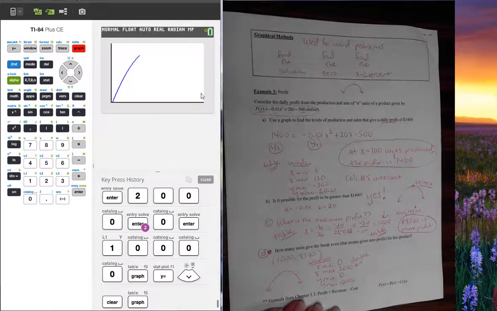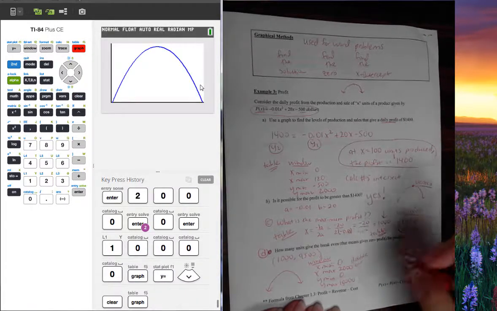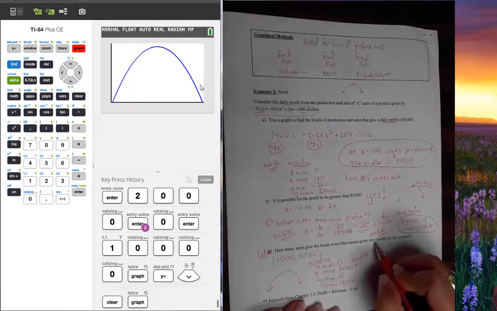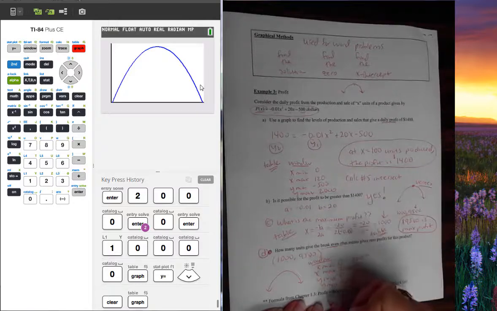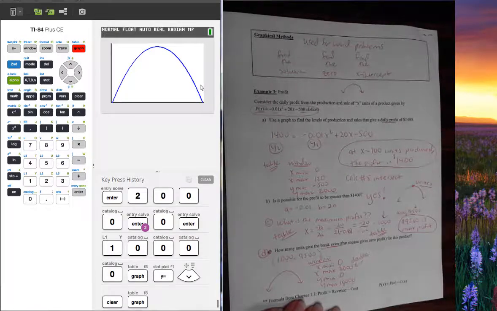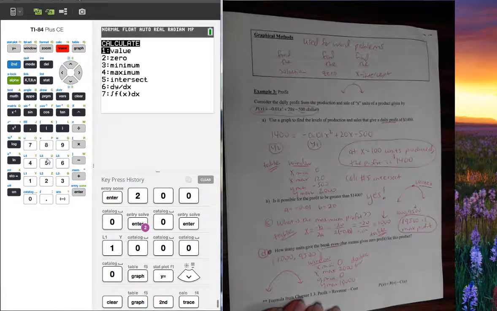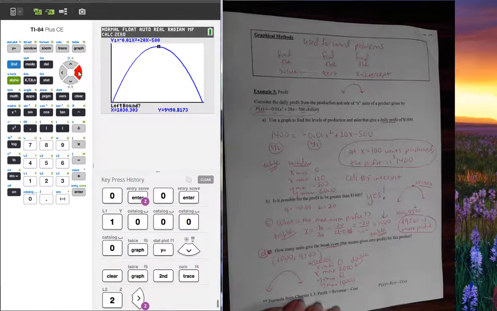So down here is the break-even point, where it hits the x-axis, the x-intercept, the 0, the solution. Break-even means where it hits that 0, okay, on the x-axis. So over here I got to calculate. Let me see if it will do it for me. I might need to change my window just a tad. Let me see if I can do left bound, right bound, and guess. Calculate number 2, the 0.